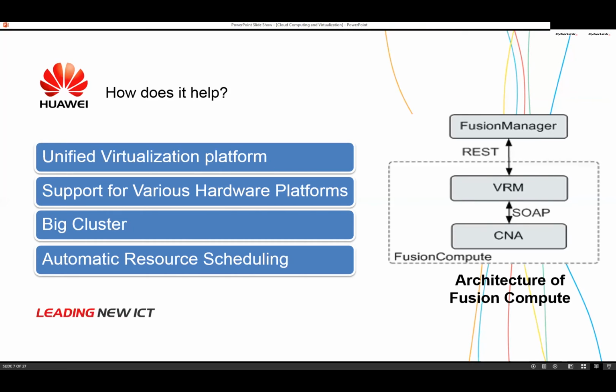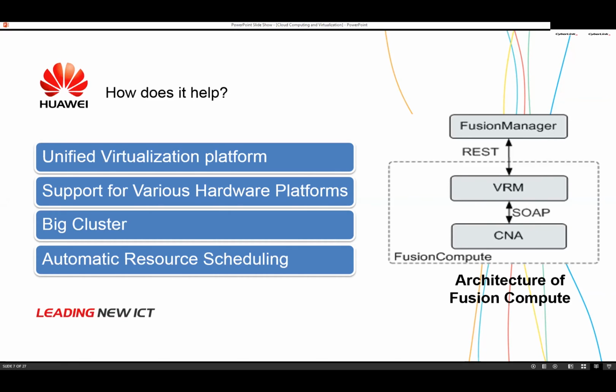Now, we should talk a little bit also in this part on Fusion Compute about virtual machine resource management. What does this mean? Well, it means that virtual machine resource management allows administrators of this platform to create virtual machines using VM templates, or in a custom manner, and manage cluster resources.